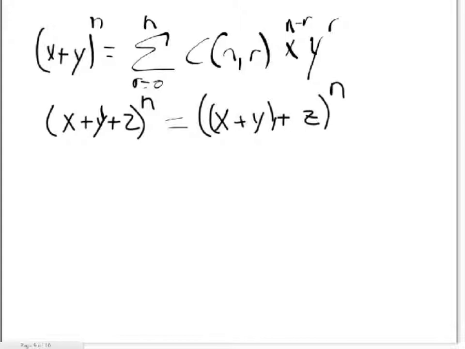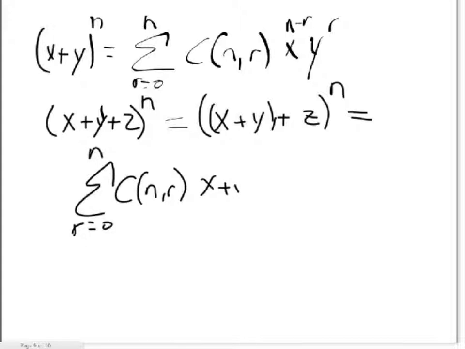And this way we can reuse the binomial theorem, and this would become the summation of n choose r of (x plus y) to the n minus r1 times z to the r1. So this is reusing the binomial theorem, and now we have another element in here, (x plus y) to the n minus r, that we need to also expand.